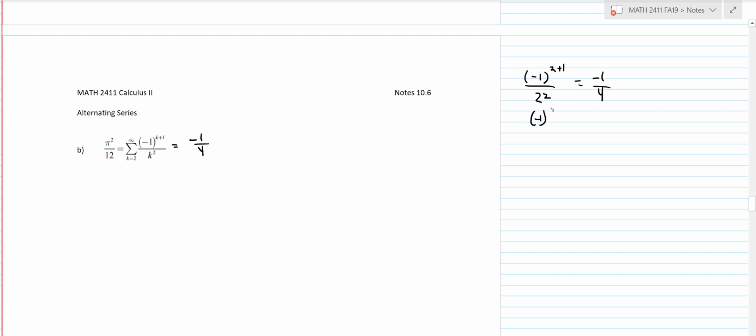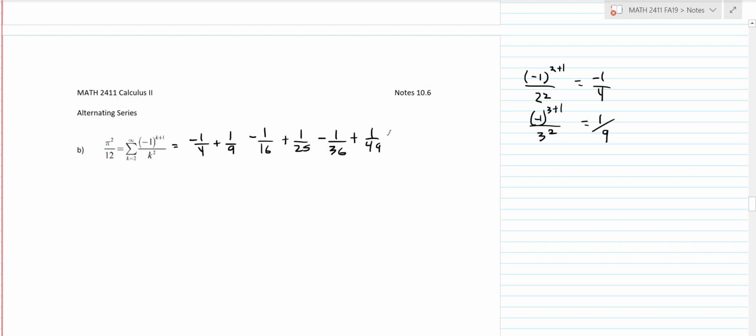The next one would be negative 1 to the 3 plus 1 over 3 to the second. That'll be positive 1 over 9. So all it's doing is alternating, and these are squares. Then your next term would be 1 over 16, then 1 over 5 to the second, 1 over 6 to the second, and so forth. Just carry it out as far as you want to.